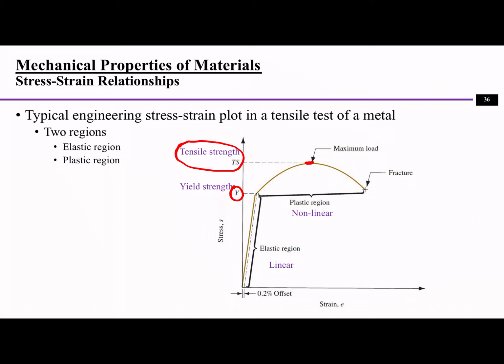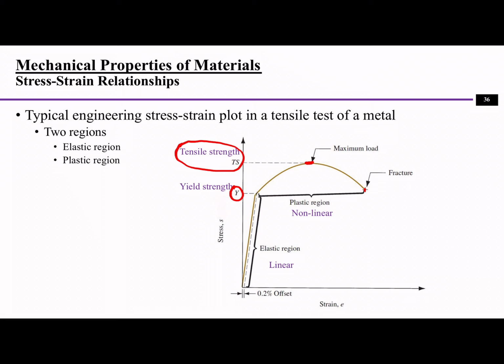The maximum load you need for a certain material is its tensile strength. Here you can see the neck forms, and later you need less load to break it, until a certain point that the material fractures.